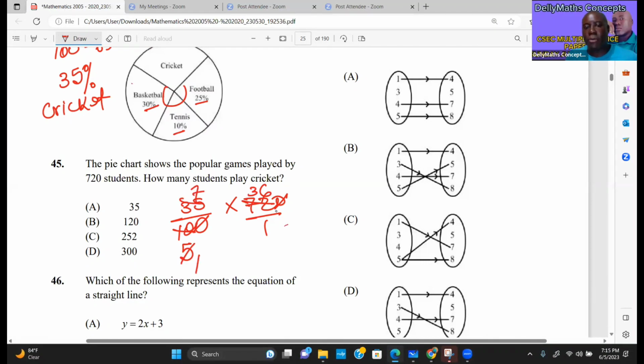At the end of the day, you're multiplying 36 times 7. 36 times 7: 42, carry the 4, 21, 25. So you're looking for 252, and the answer is right there. So it's regular working, and you make sure that you work it down to the end.